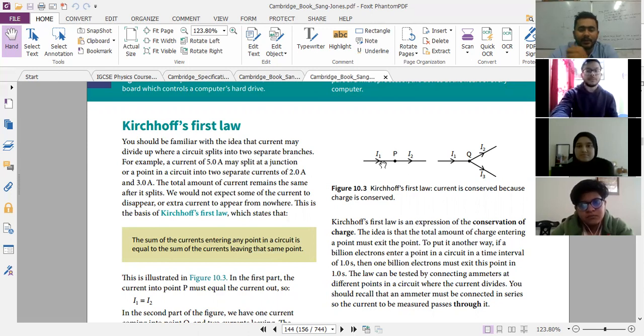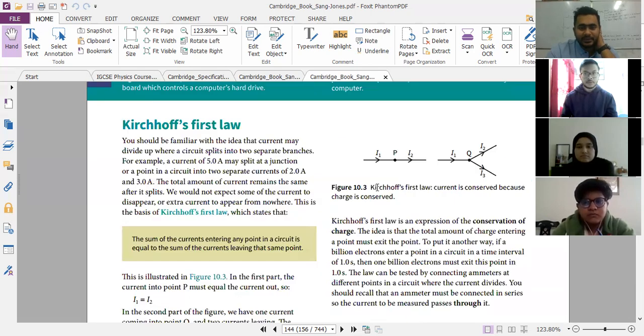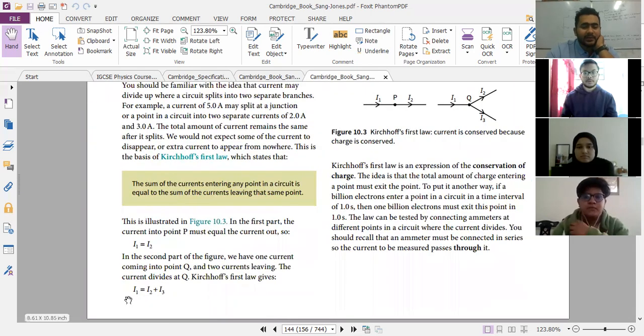Clear? Okay. Then for Q, we can write I1 equals I2 plus I3. Why? Because there is only one current entering Q, which is I1, and two currents leaving Q, which are I2 plus I3. For that reason, they wrote the equation I1 equals I2 plus I3. Are we clear?